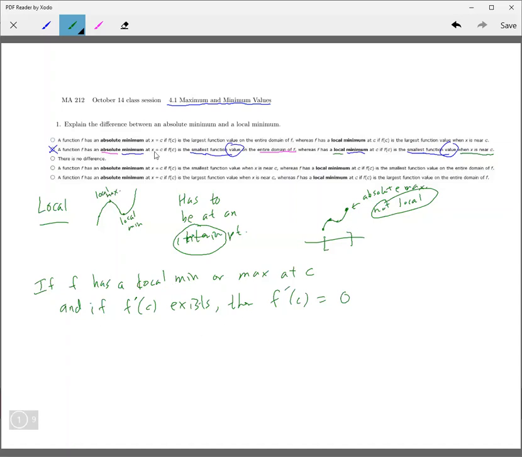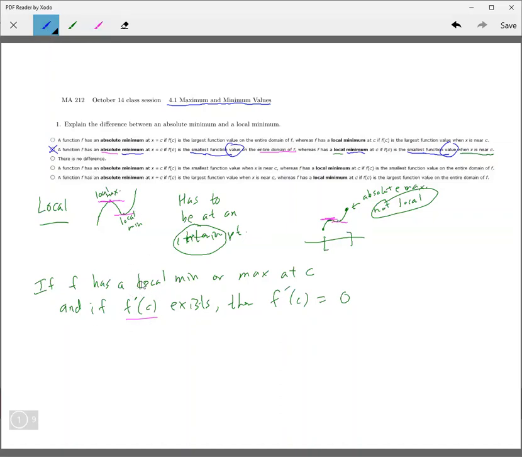This is really important. If you look at these derivatives, right here there's a local maximum. The slope of the tangent line is 0, so the derivative is 0. Same thing here, and right there too. Those slopes are 0, those derivatives are 0, if the derivative exists.